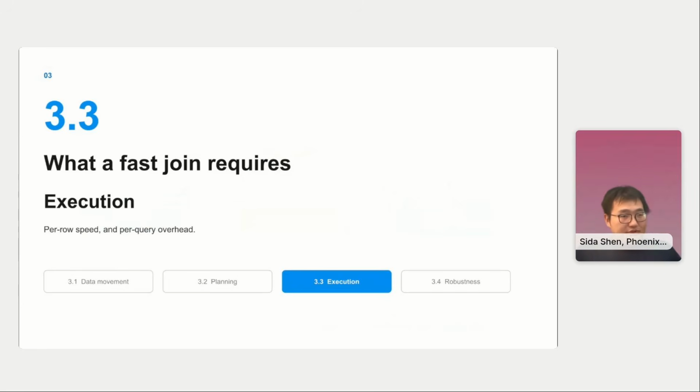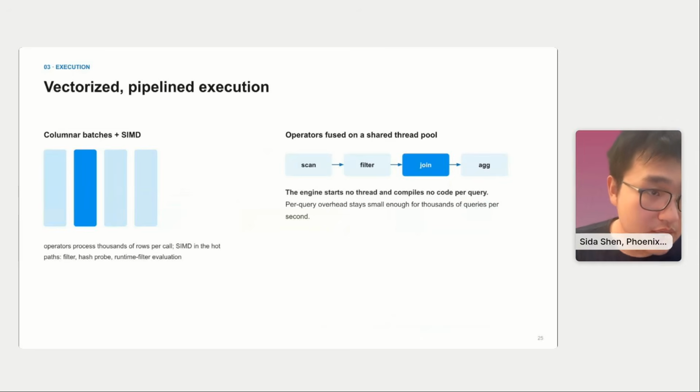And then let's talk about query execution. We probably all know that all of the analytical databases are columnar oriented, which means that their storage is columnar oriented. Basically, within a file, we store data by columns instead of by rows.